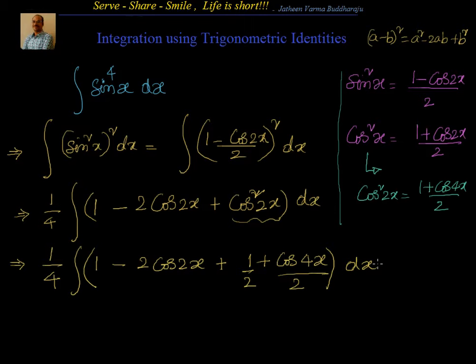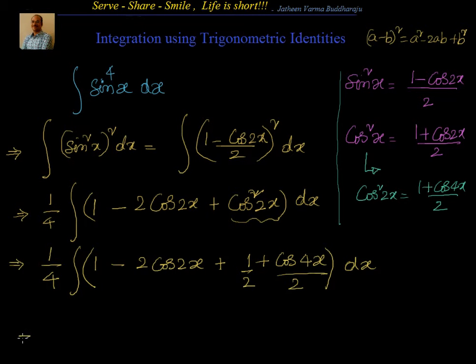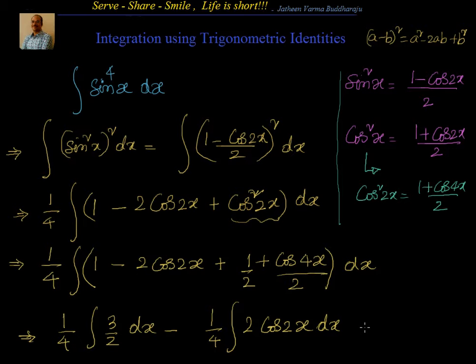Now let us do them separately. For that I will take first the constants, 1 plus 1 by 2, that is 3 by 2. So I will say 1 by 4 integral of 3 by 2 dx, minus 1 by 4 integral of 2 cos 2x dx, plus 1 by 4 of integral of cos 4x by 2.